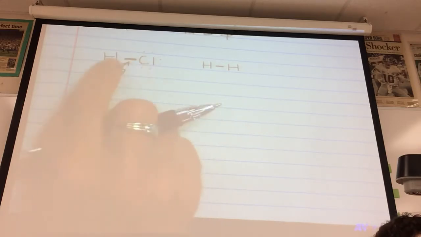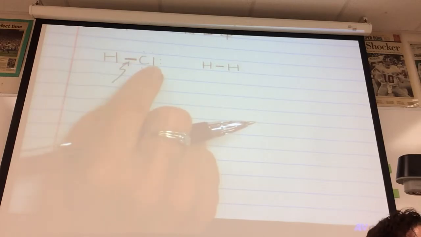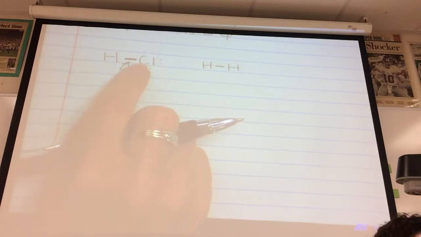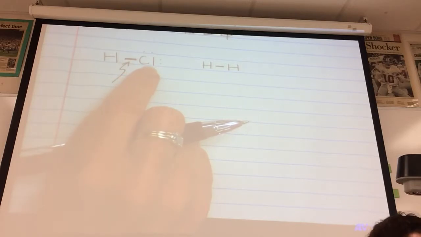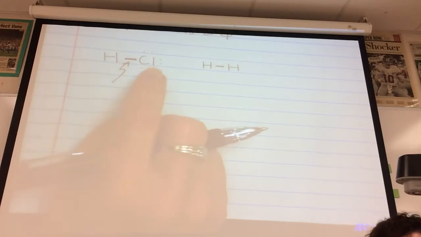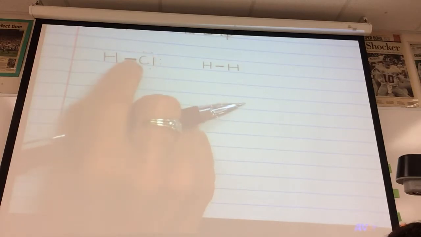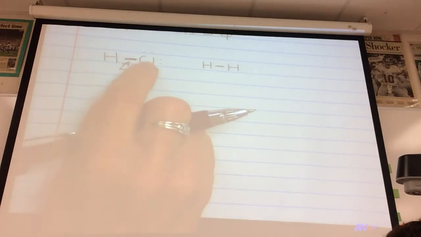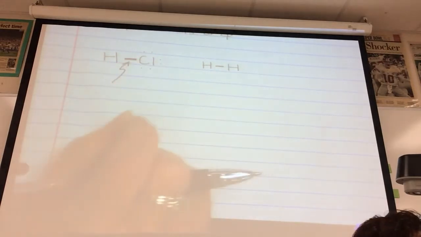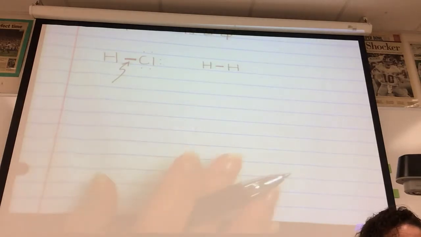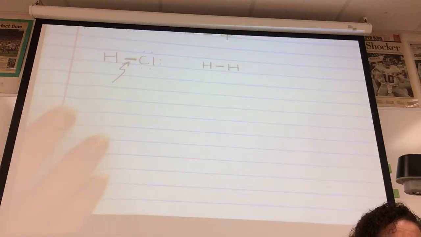It's like a tug of war between these two. Nobody really wins, but chlorine is definitely leading the whole way. Electronegativity is the ability of a bonded atom to draw bonding electrons toward it. And the trend for electronegativity is exactly what you see for electron affinity.